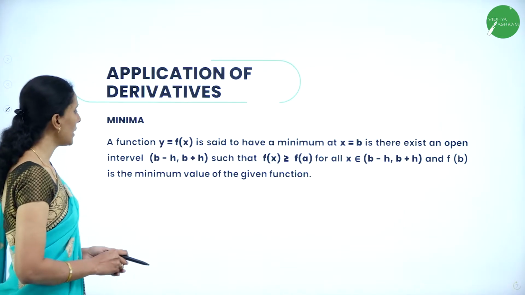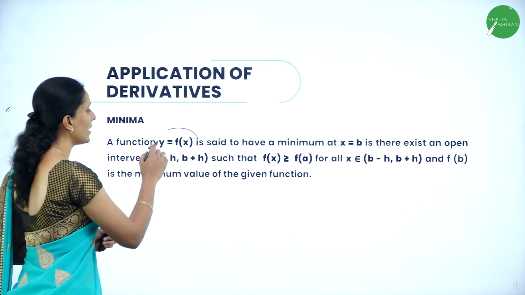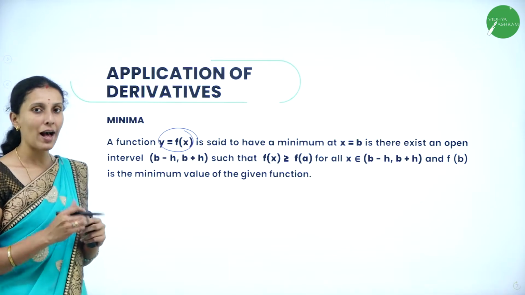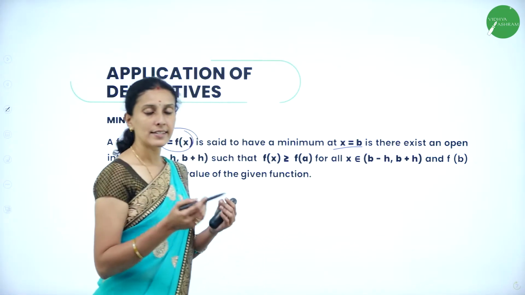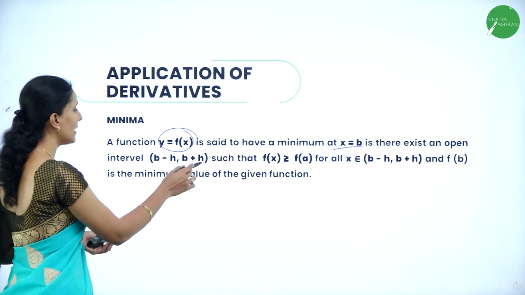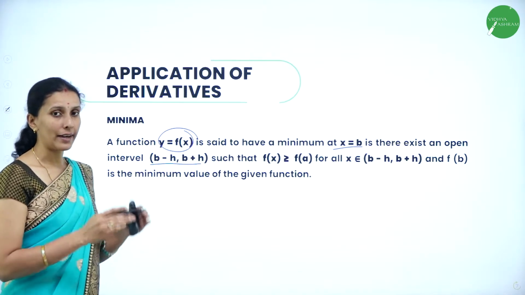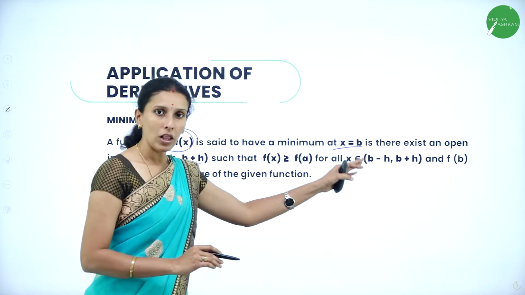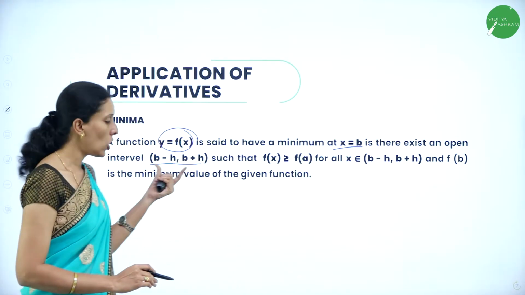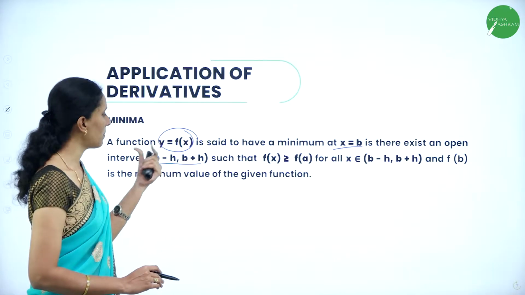Next we have minima. A function y is equal to f of x is said to have a minimum value at a point b, if there exists an open interval b minus h, b plus h such that the functional value is greater than f of b for all the values of x belongs to the interval b minus h, b plus h.